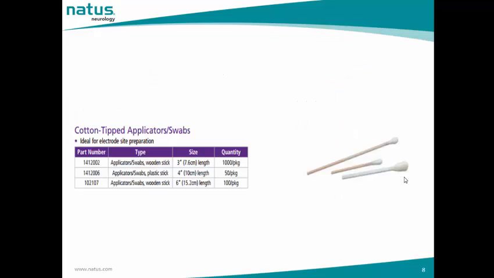In order to have good signal quality and good impedance results, the following accessories should be used. The cotton-tipped applicators, and those can be used for having good exposure to the skin side by separating the hair. Also, those applicators can be used for abrading the skin.